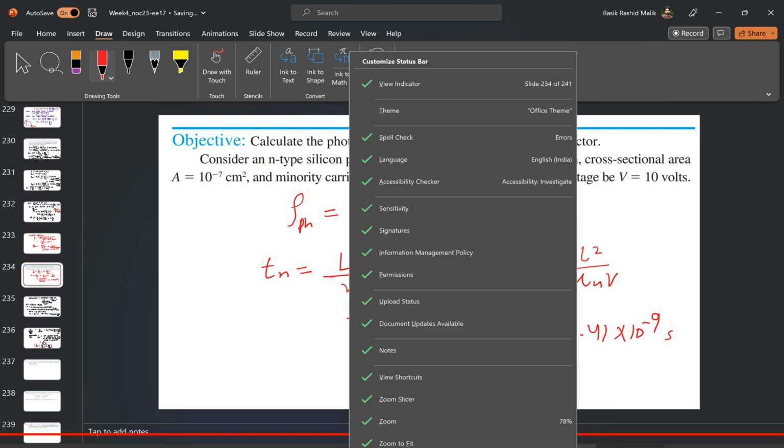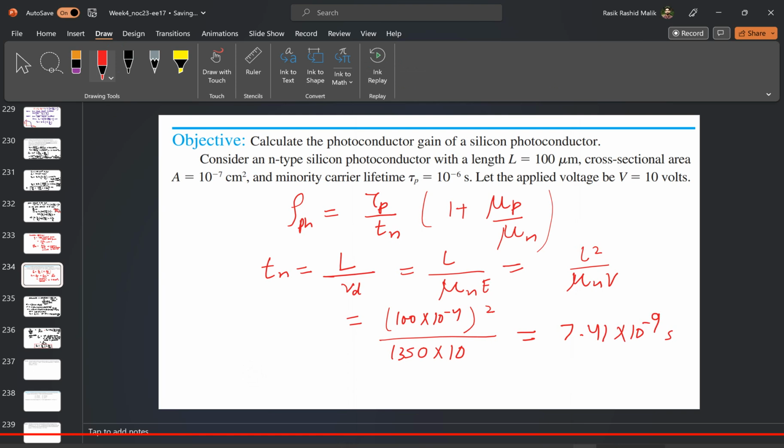Now the second part of the question is about calculating the gain. So the gain now simply will be tau p, whose value is given as 10 to the power minus 6, by tau n, which we have calculated, into 1 plus the mobility of hole, which is 480, by the mobility of electron, which is 1350.